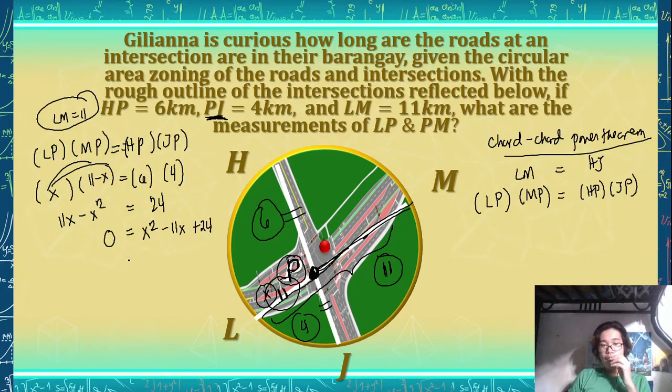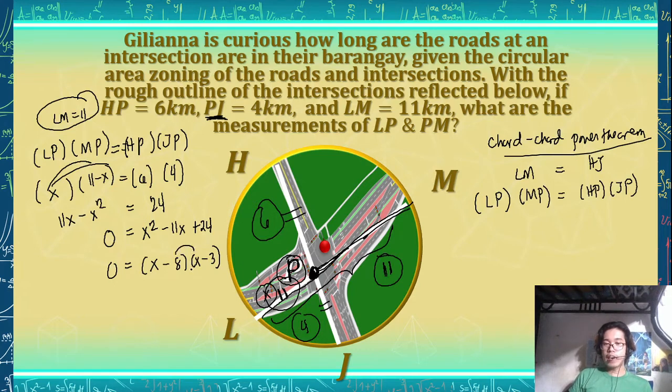If we factor x squared minus 11x plus 24, we can get that the value of the two numbers could be negative 8 and negative 3. So x minus 8 times x minus 3.